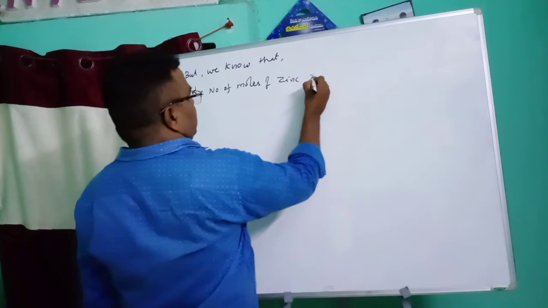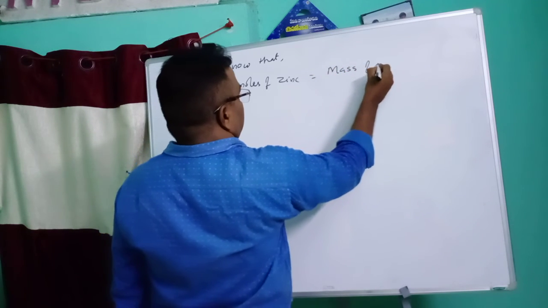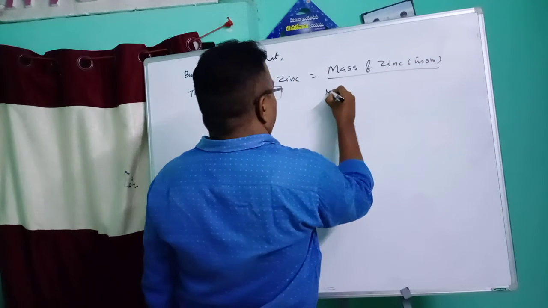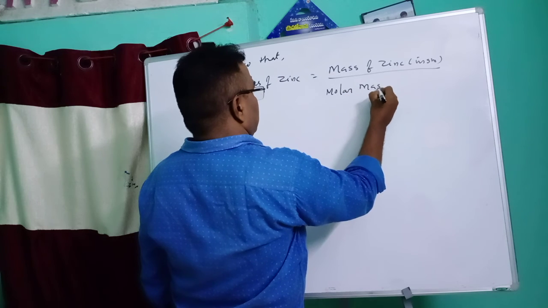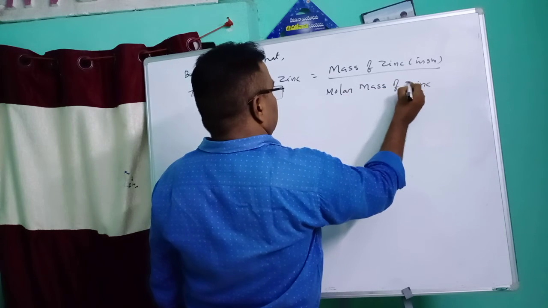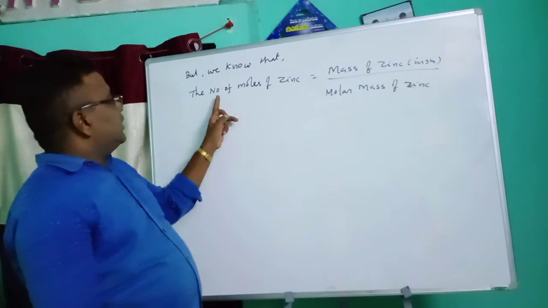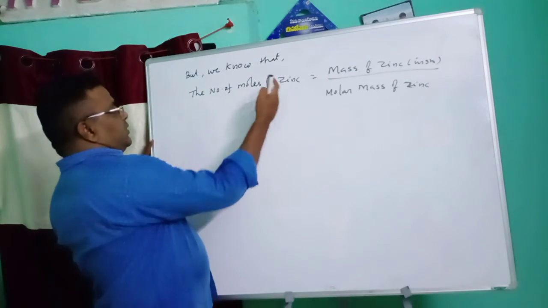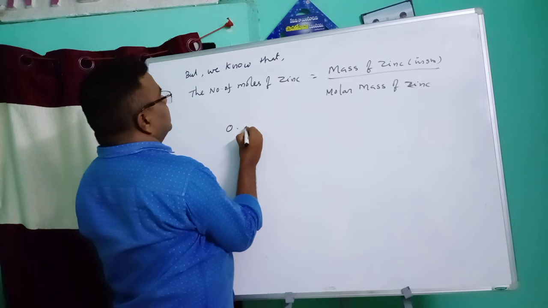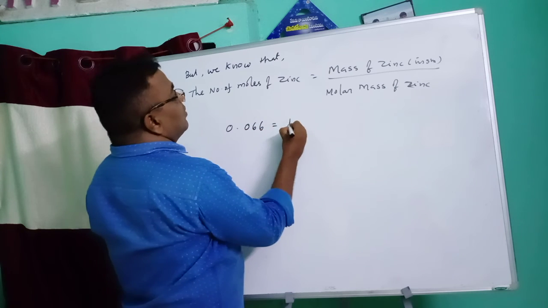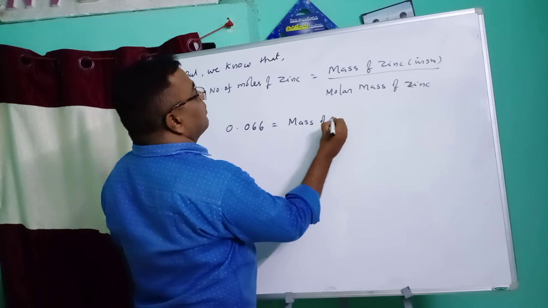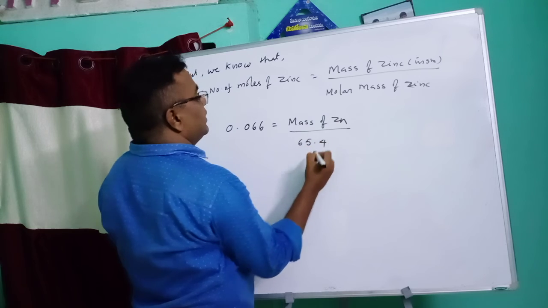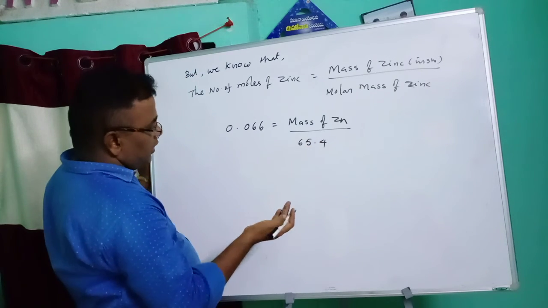The number of moles of zinc is 0.066 moles, and the molar mass of zinc is 65.4 grams per mole.